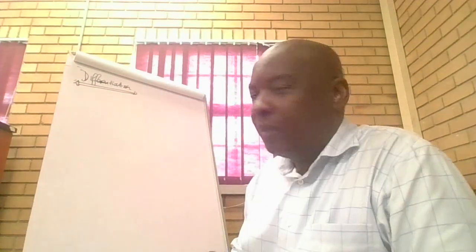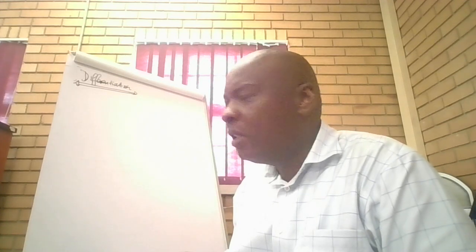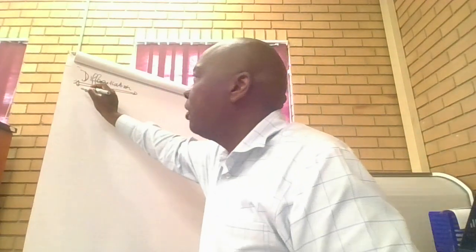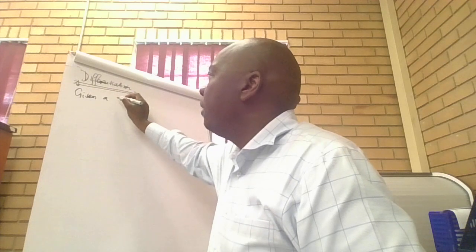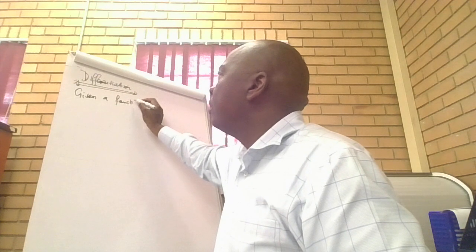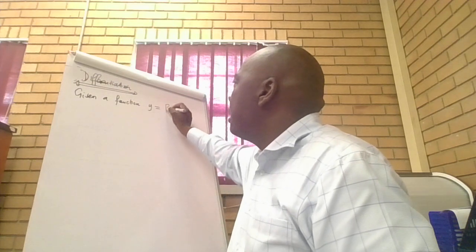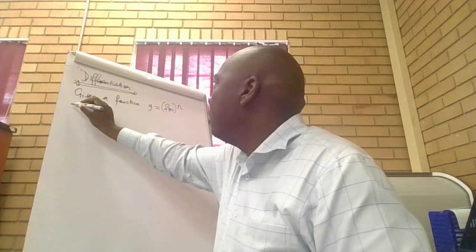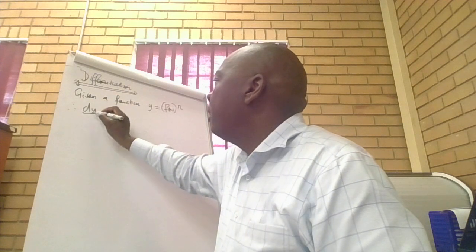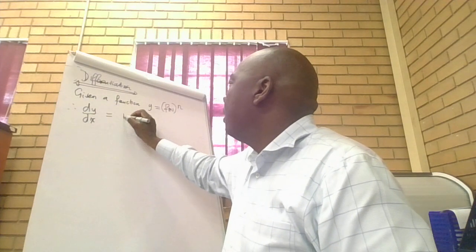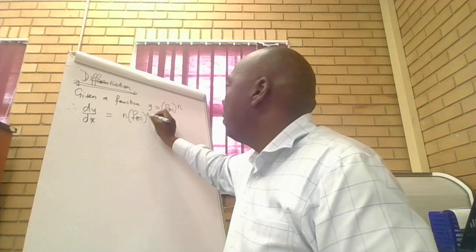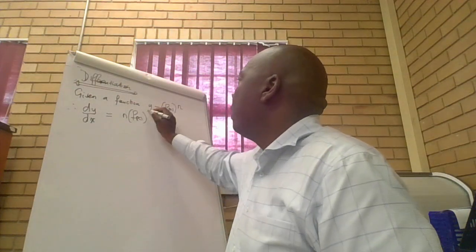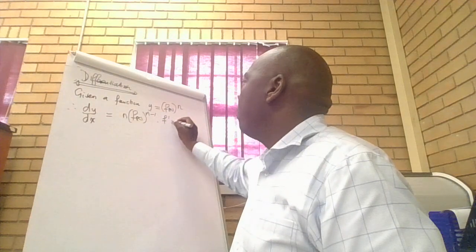Okay, so I want to talk a little bit about differentiation, and in particular, I want to look at a technique which says that if you are given a function y is equal to f of x to the power n, then it follows that dy by dx is given by n times f of x to the power n minus 1, multiplied by f prime of x.